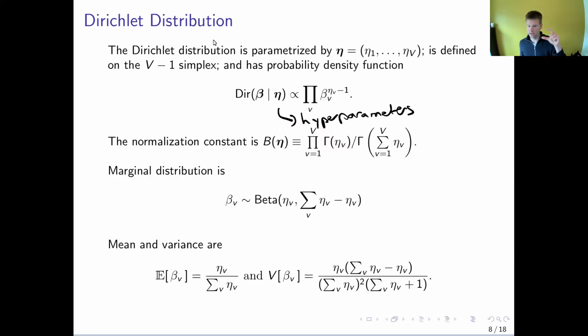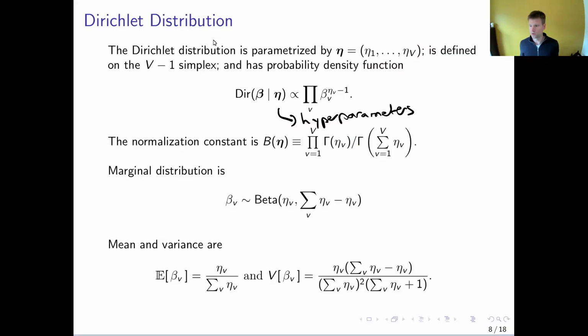There are in total capital V of these hyperparameters. Given those hyperparameters, I'm going to have a distribution over the multinomial beta vector, and that distribution is proportional to the product of the betas. There's a normalizing constant here, which makes the Dirichlet integrate to 1, but we can ignore that.